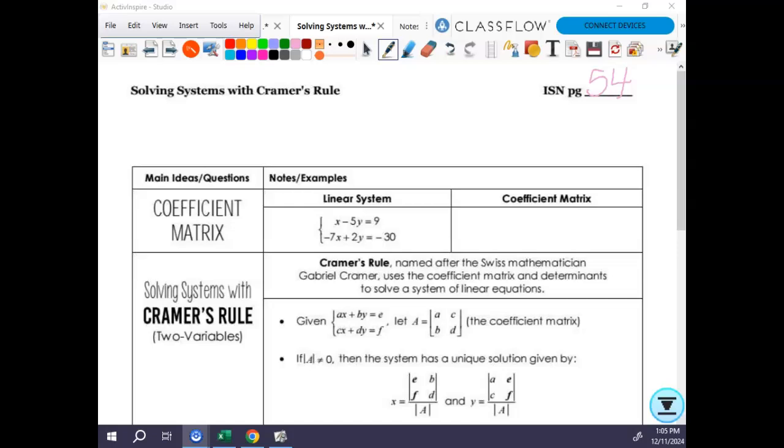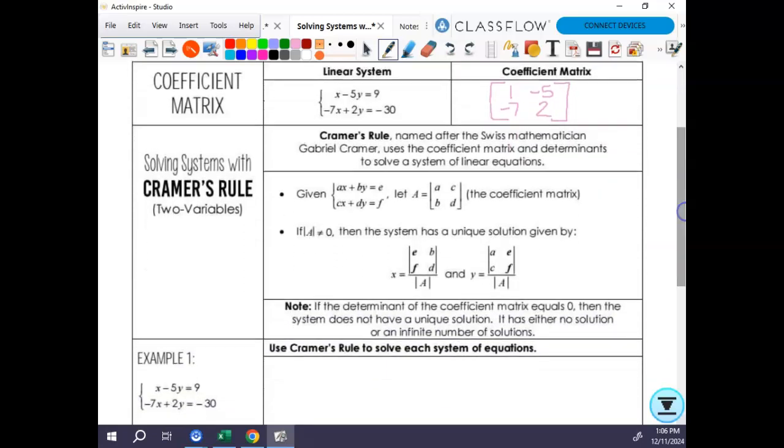And we have what's called a coefficient matrix, which would look like this. You literally take the coefficients, which are just the numbers in front of the variables. And this is a 1 and a -5 and a -7 and a 2. Just the coefficients. The other matrices that we have, we're going to write over here because there's not a place for them.